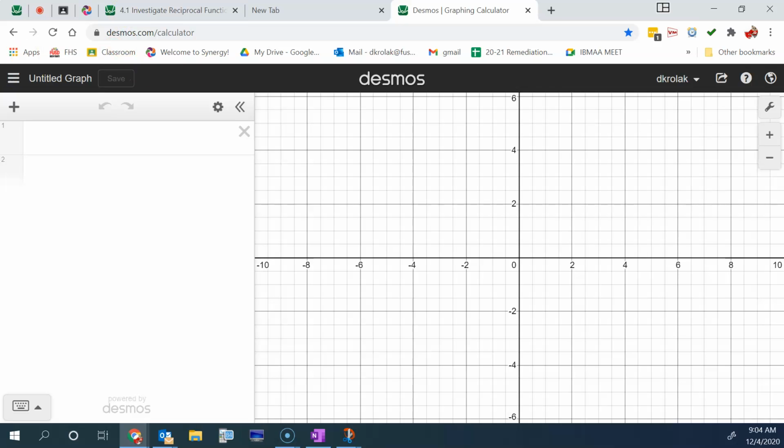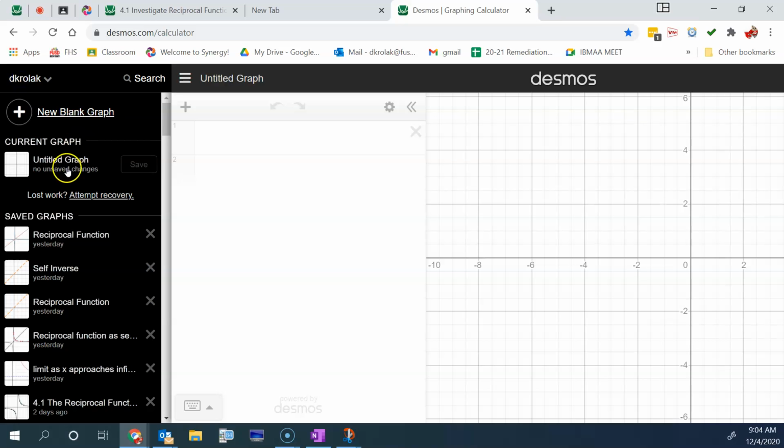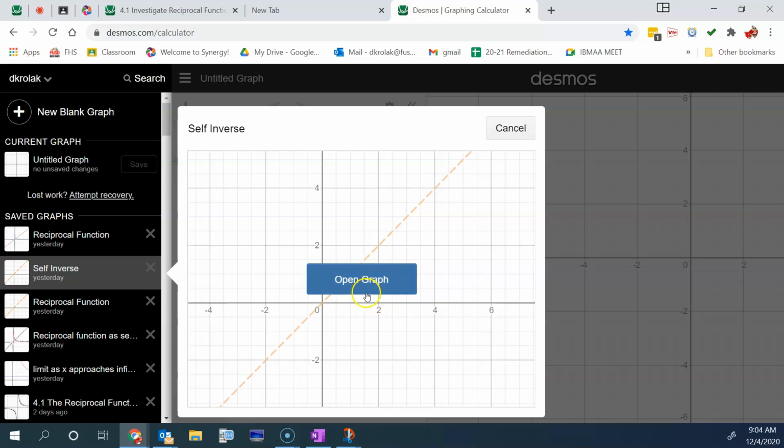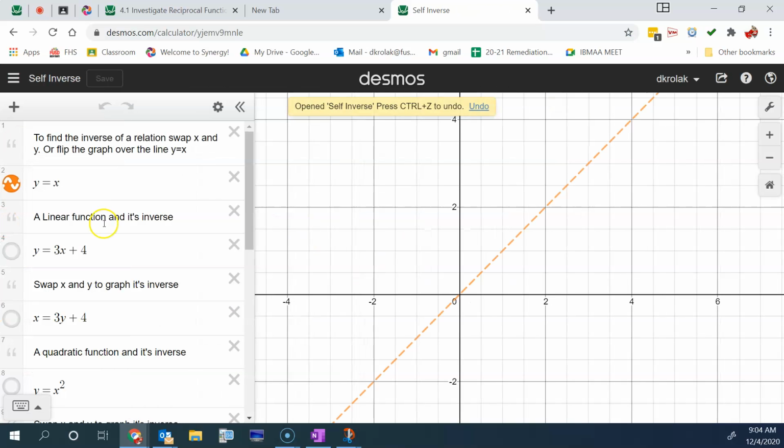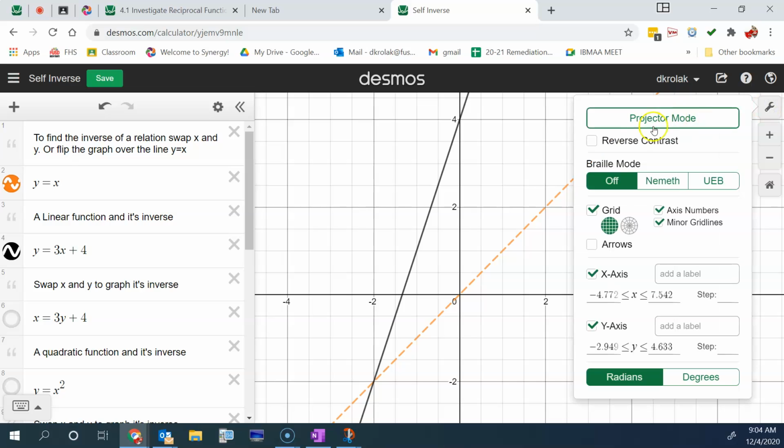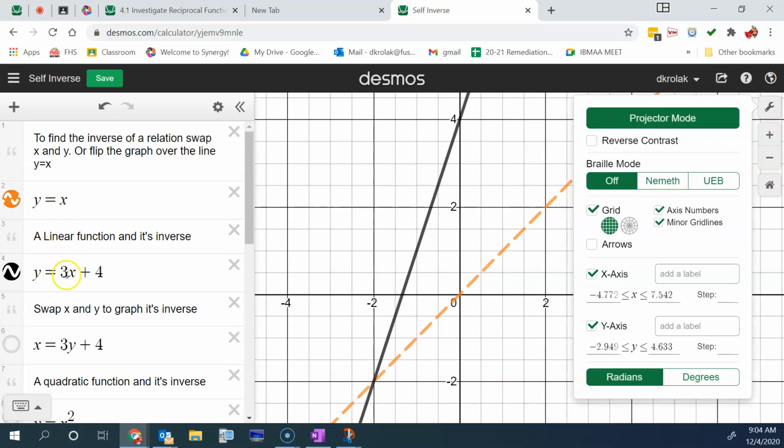Okay, this is what I had up there. So when we did inverses back in the first quarter, when you were all at home, if I take a graph, so there's the graph for y equals 3x plus 4.